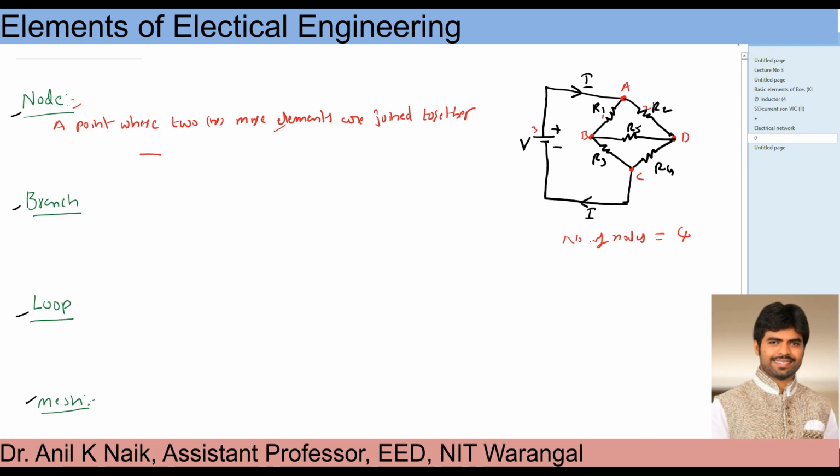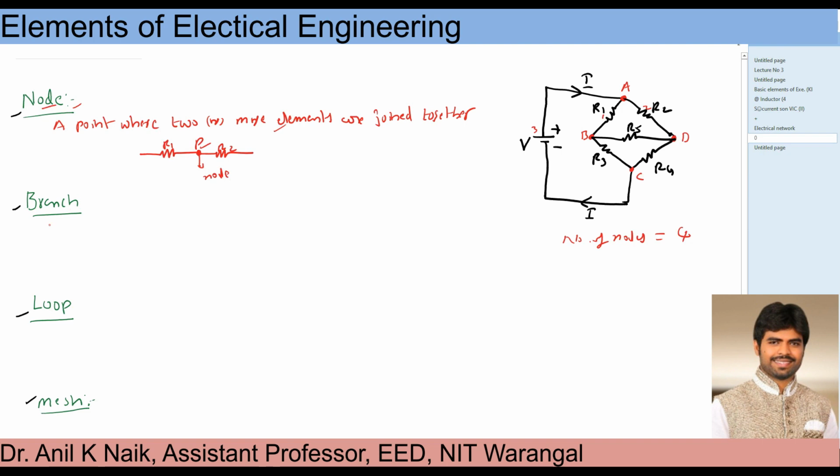Suppose this is the point, and if it is connected something like this, R1 and R2, then this point is also called a node. Isn't it? If two or more elements are connected at any point, then this particular point is called a node. So that is the definition of nodes.